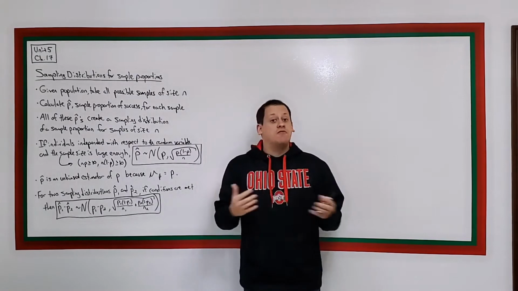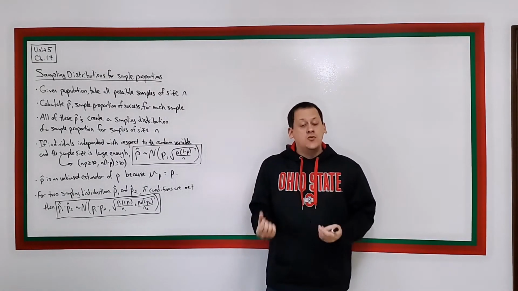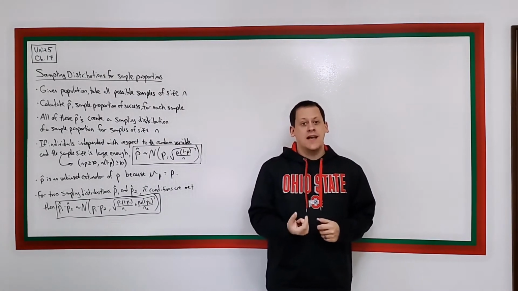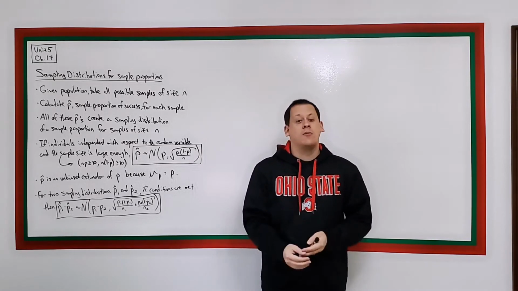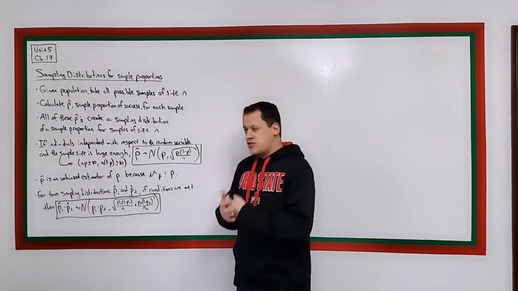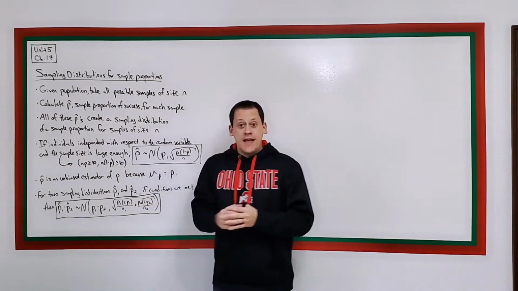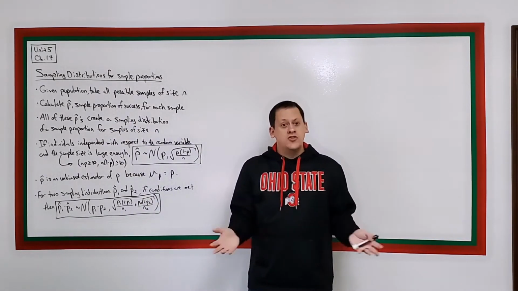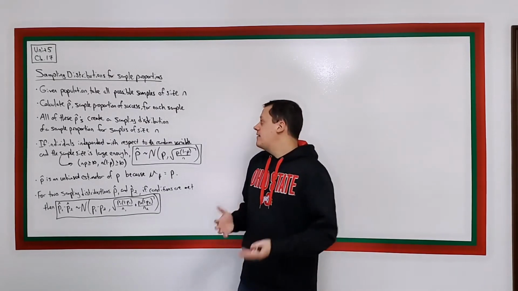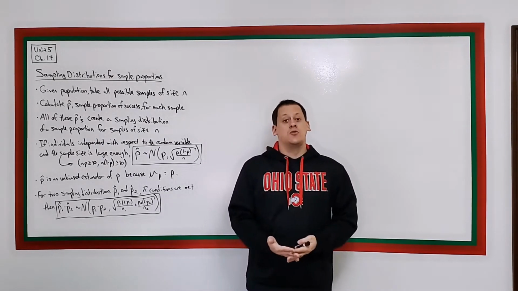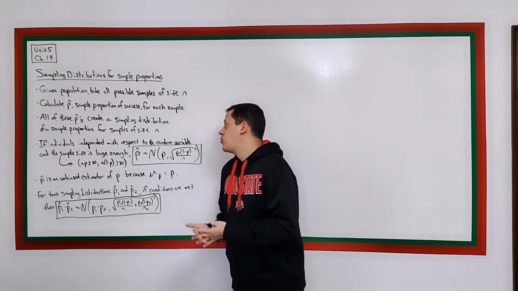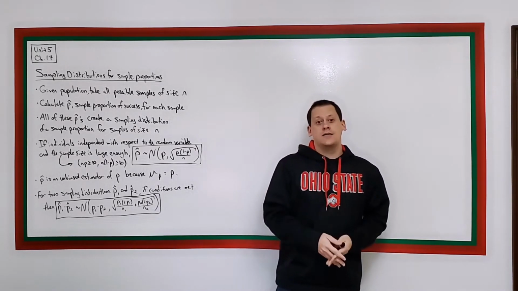Okay, so you've got a bunch of p hats now, each one representing the proportion of success for your random variable in a given sample. We're just describing what a sampling distribution is here. All of these p hats that you've got, if you arrange them in a histogram, would create a sampling distribution of a sample proportion for samples of that size.